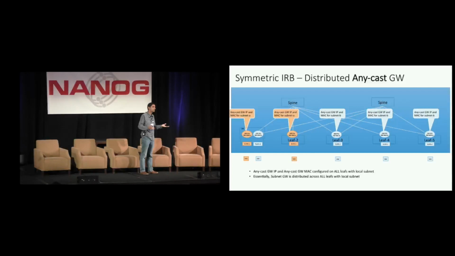You still have the same gateway IP and gateway MAC, and if a host has an ARP entry for its default gateway, it can simply move while maintaining that ARP entry. And if it moves to another leaf, that leaf also is part of the same anycast gateway, and you truly have a distributed anycast gateway across your data center fabric.